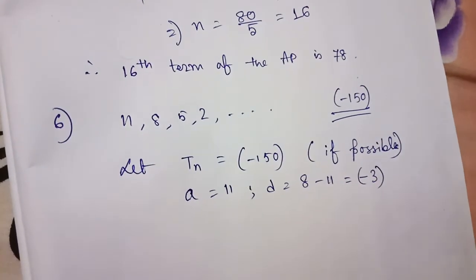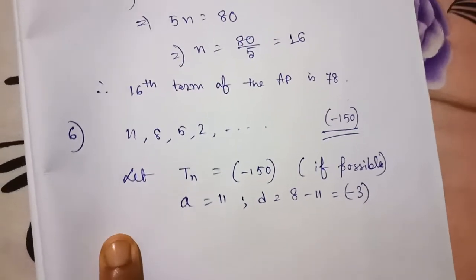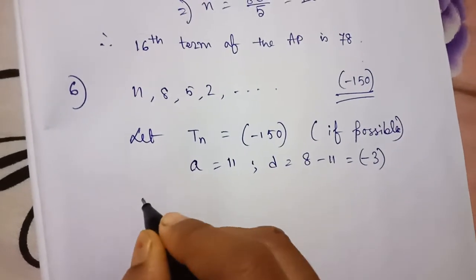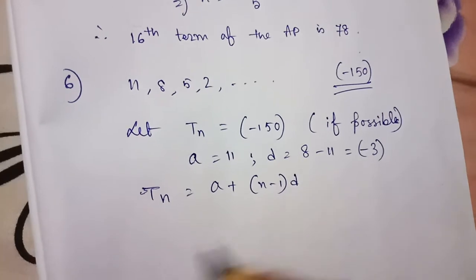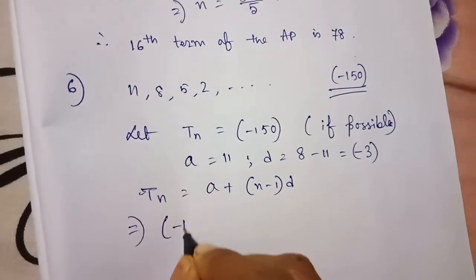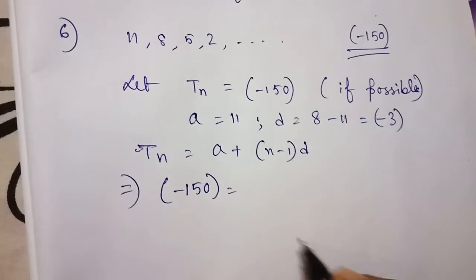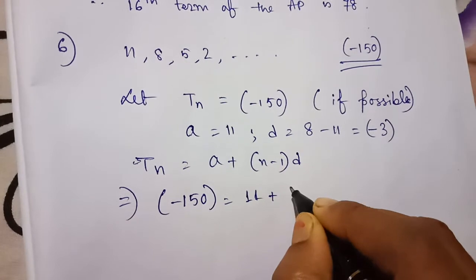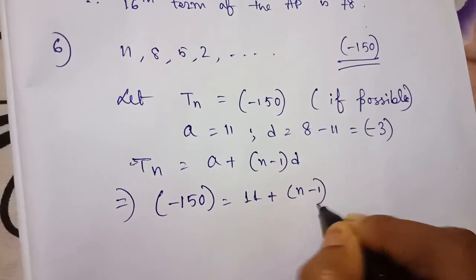Keep the negative numbers always inside a bracket so that you will not get the wrong calculations. So Tn is equals to A plus n minus 1 into D. The same formula again will be used. Minus 150 equal to A means 11 plus n minus 1. N we don't know, so n minus 1.